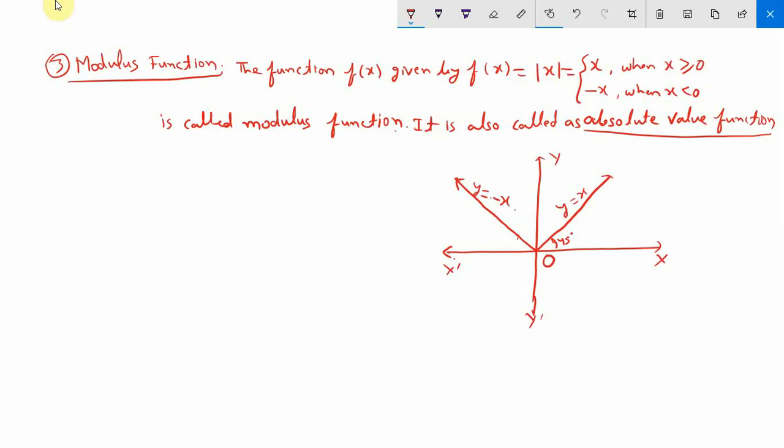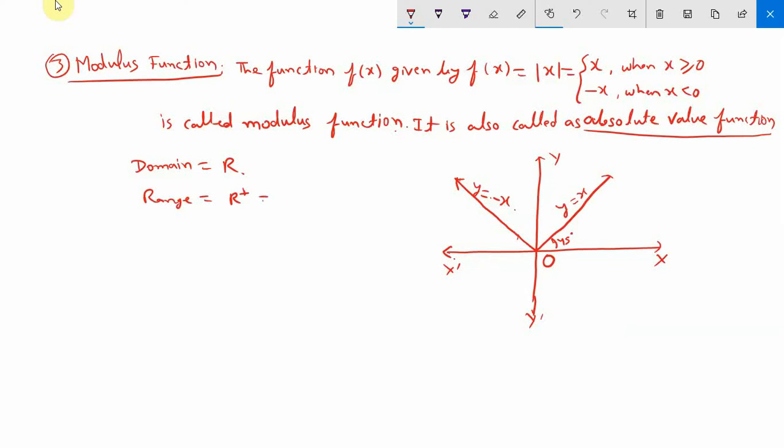If we write the domain, the domain will be R and the range equal to R plus, and 0 is also included.